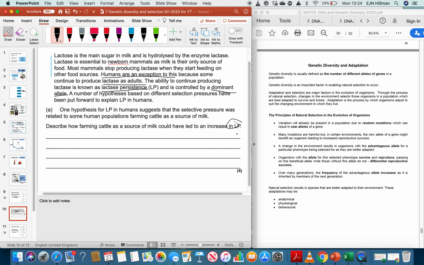If those with the lactase persistence allele survive longer, reproduce more, they will pass on more of those alleles to their offspring, and over many generations, the frequency of that lactase persistence allele would increase.